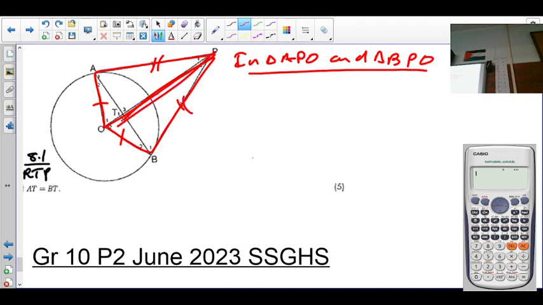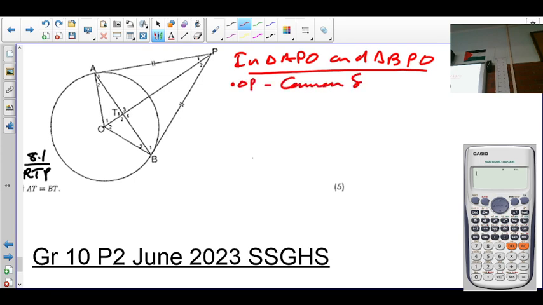So I'm not going to confuse you too much. So I'm going to do that part first. I'm going to firstly say that OP is your common side. If something is common, you can't just say common. You must either say common side or common angle. Okay? Common side. Then OA is equal to OB.